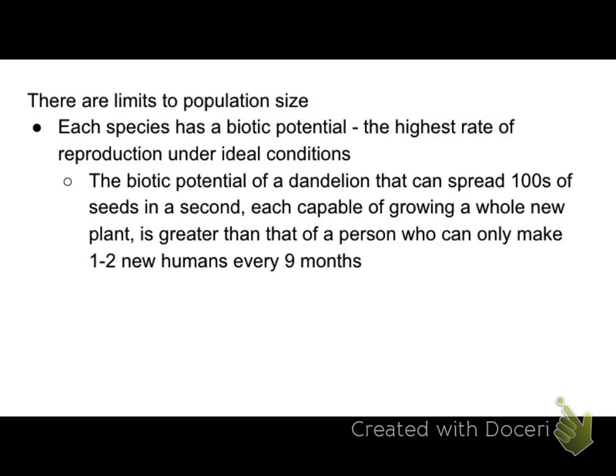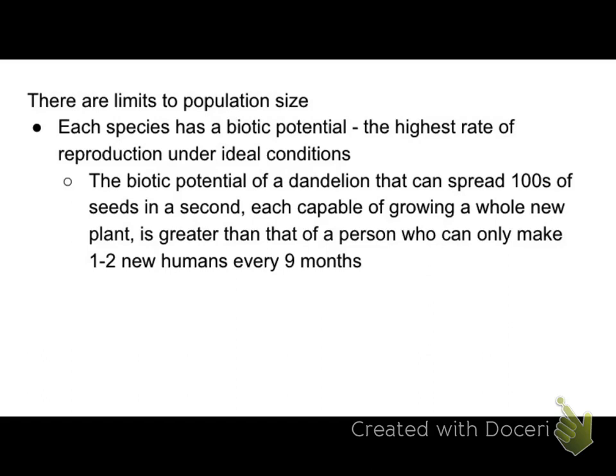However, the biotic potential of humans is significantly smaller than that of dandelions, because even under ideal conditions, a human can only make 1 to 2 new humans every 9 months, depending on if you are lucky enough to have multiples. If you aren't lucky enough to have multiples, then you're just going to be able to produce one new human every 9 months, right?